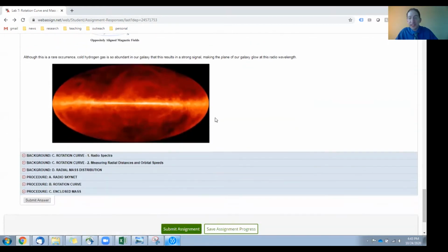So let's take a look at this map here. This is a map of the entire sky in galactic coordinates. So the galactic center is at the center of the map, and here we have the plane of the galaxy. And this map was made at 21 centimeters. It's a map of the 21 centimeter emission line. So this is showing us where the cold neutral hydrogen is in our galaxy. And this is what we'll make use of in the next section.